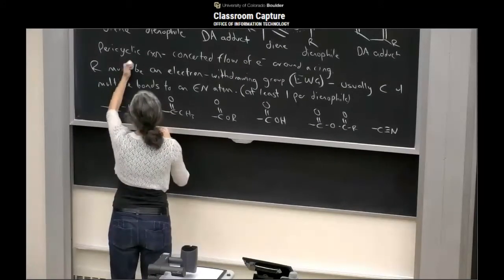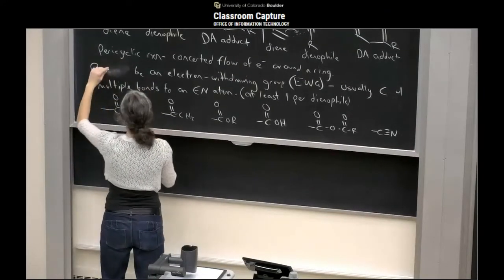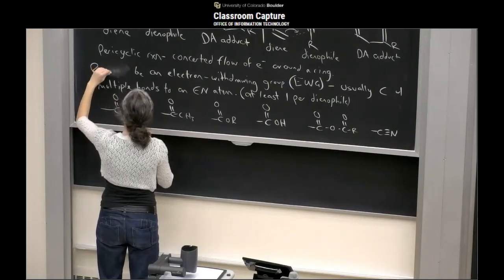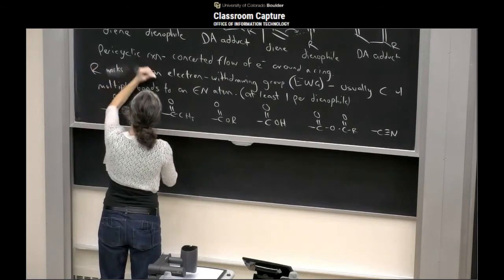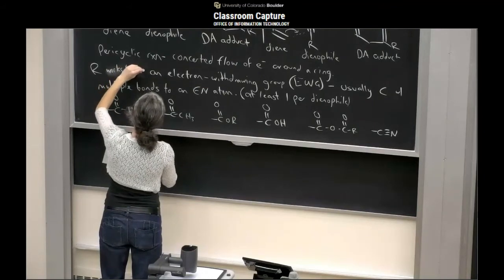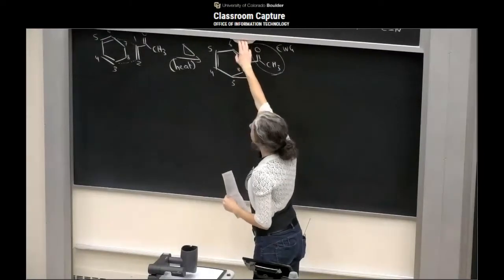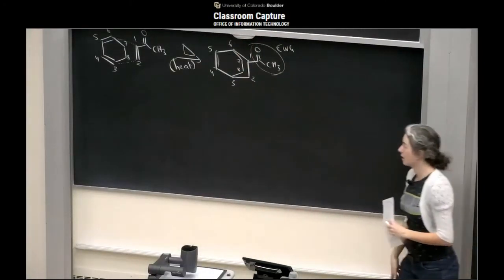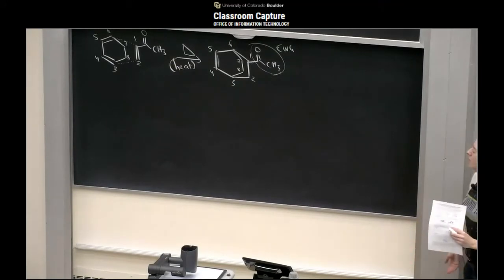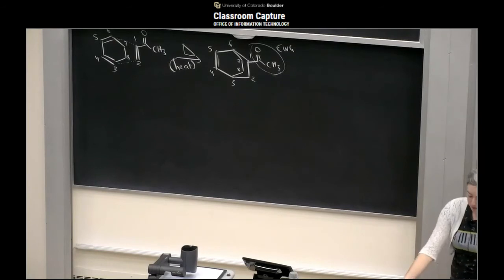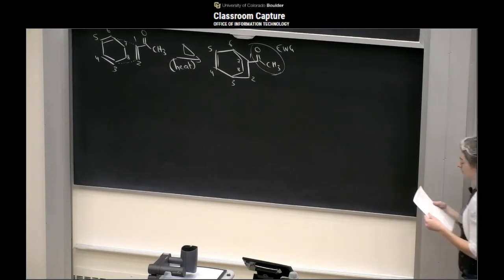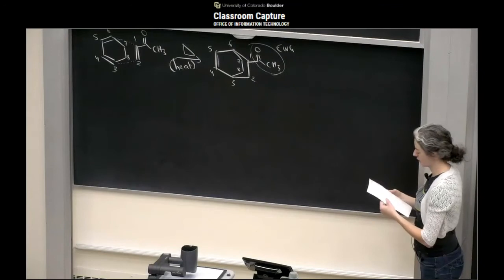So R works best as an electron withdrawing group because you can still get it to go without that on there, just you have to heat it up a lot more. And then at some point you're risking decomposition of your reagents or products. But depending on exactly what's going on, sometimes it'll work okay without any electron withdrawing groups on there.